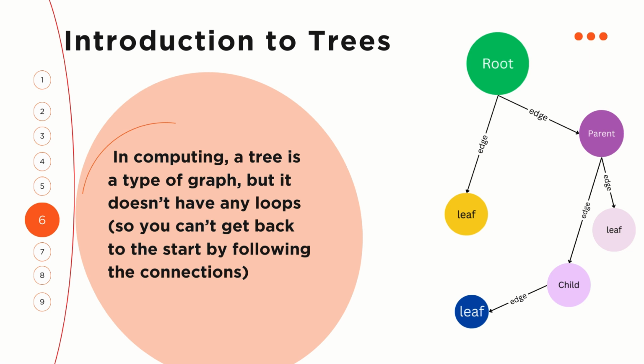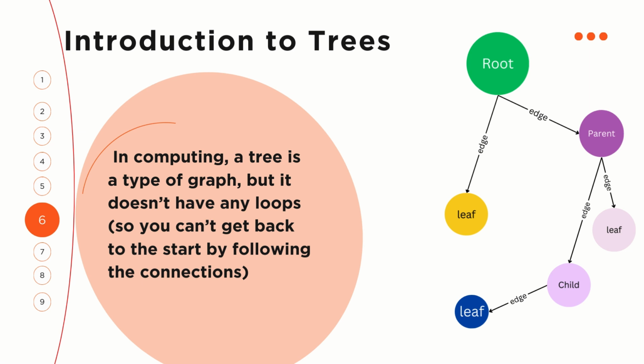And the left side of the root, I'm referring to this as a leaf because you can see that this particular one doesn't have any child, so it becomes a leaf. Now, under the parent, you can see that there are two children.